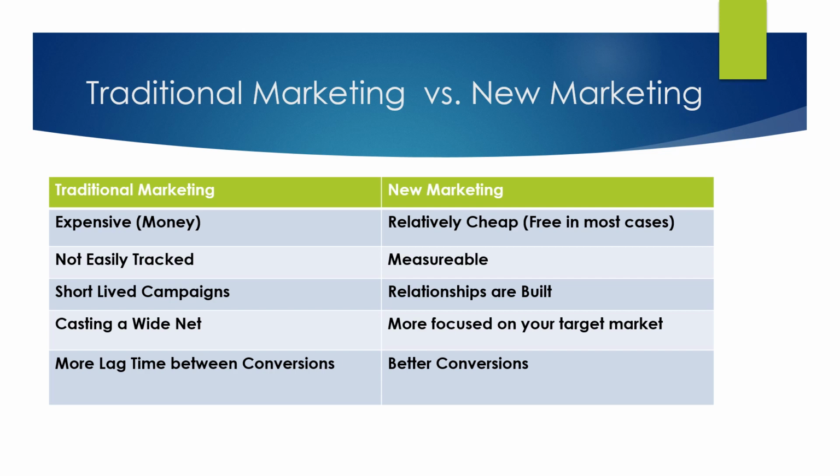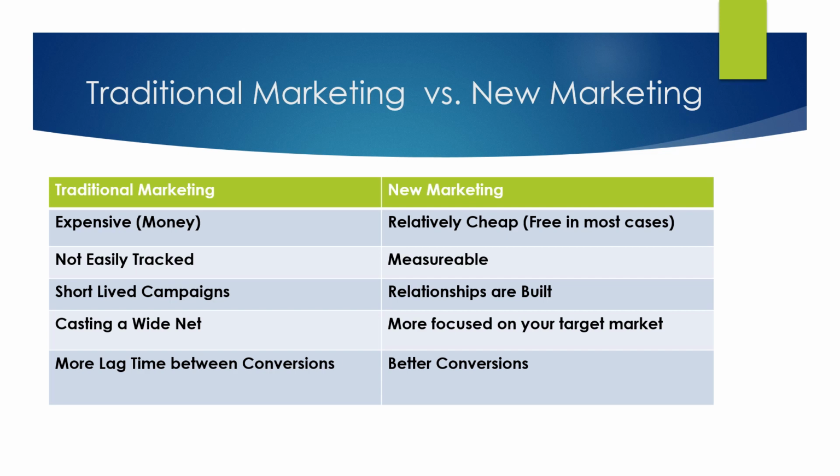And they're short-lived. It's usually one spot and one issue of a magazine or a newspaper or one play on a radio. And it's casting a wide net. It's like throwing it out there and hoping, spreading, and mass marketing and hoping something clicks. And then, of course, because of that, there's more lag time between conversions.